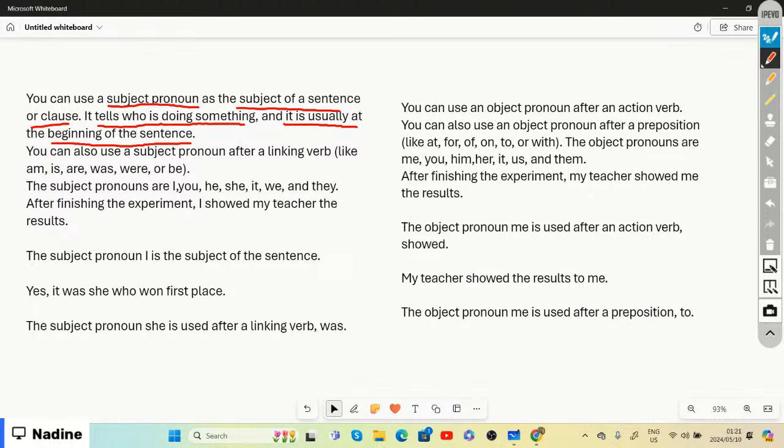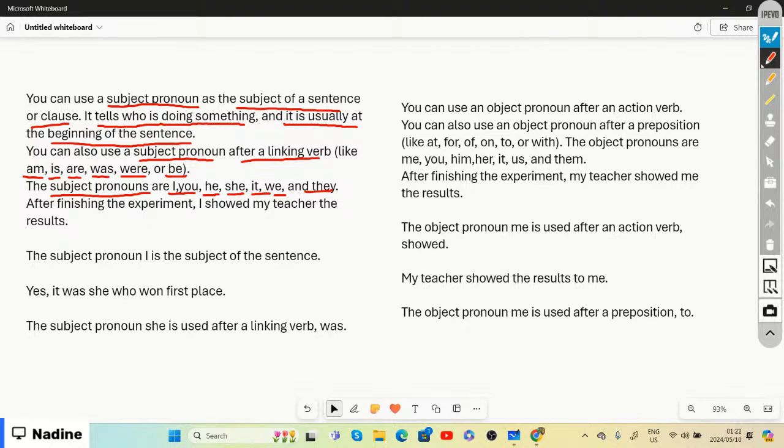And we can also use a subject pronoun after a linking verb, for example after linking verbs such as am, is, are, was, were, or be, right? And our subject pronouns are words like I, you, he, she, it, we, and they.